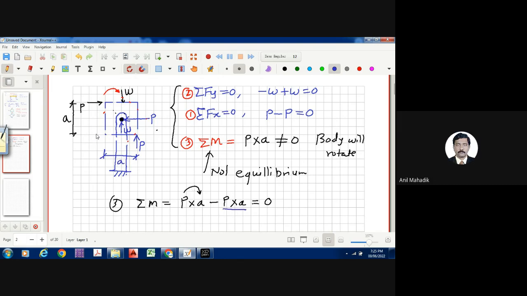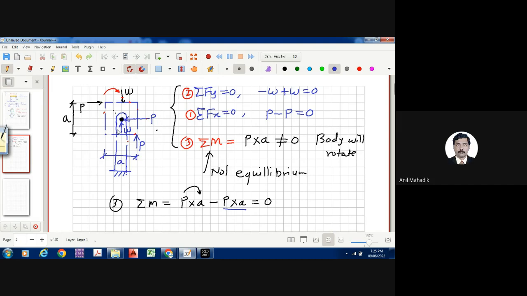So either put this force here in this direction or this, okay? Sir, if you put the P in vertical direction, then vertical equilibrium will be satisfied. So actually in this case, it is nothing to do with that. We are talking about this one.